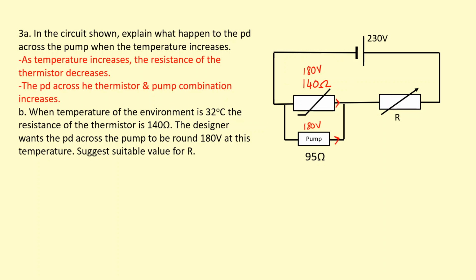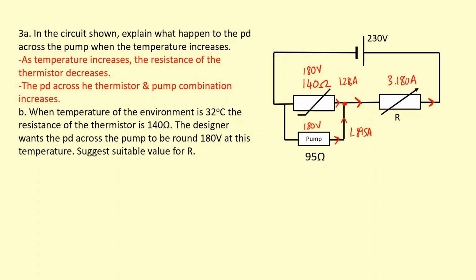If I apply Ohm's law to each branch, I find that the current in the top branch is 1.286 amps. The current in the bottom branch is 1.895 amps. At this junction they join together and flow through here, so that's the current through the source. If you add those two currents up, we get 3.180 amps.